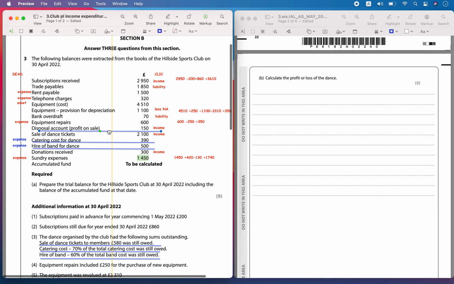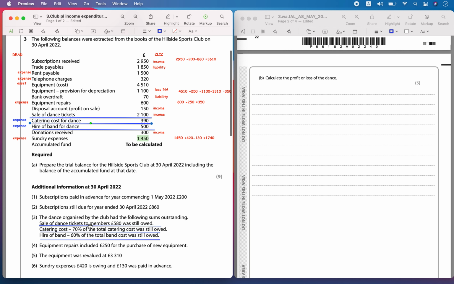Okay, so whenever we are going to do this, let's identify the things that are related to the dance so that you get all this together. The sale of dance tickets, catering cost for the dance, hire of the band for the dance, and some information is also given for the dance.